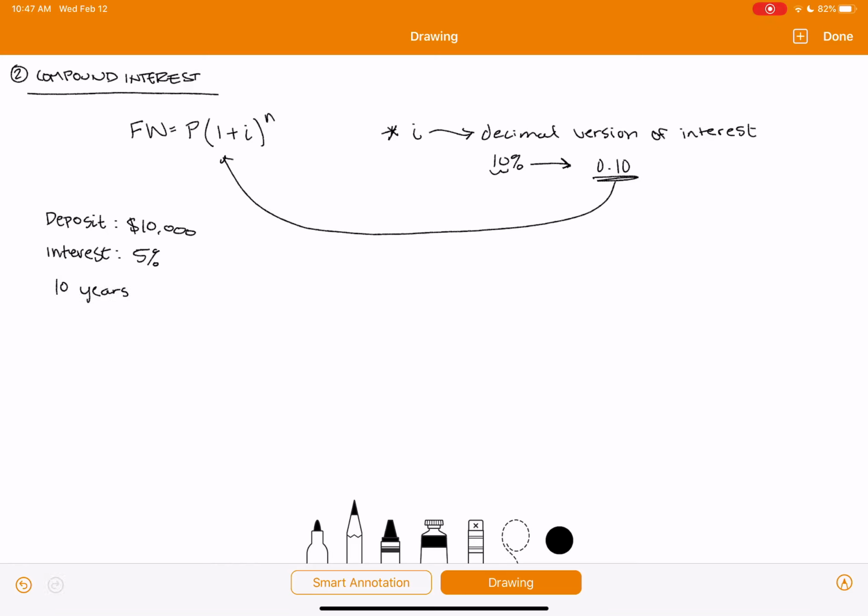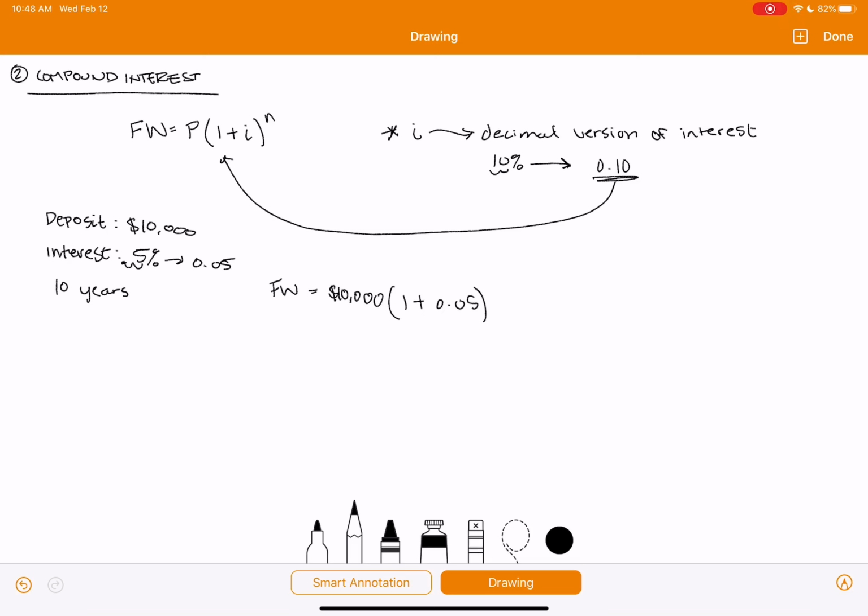All right, so we want to know the future worth when we deposit $10,000 into an account with a 5% interest rate. So we've got to turn this into a decimal. So again, just move it 2 places to the left, 1, 2, 0.05.